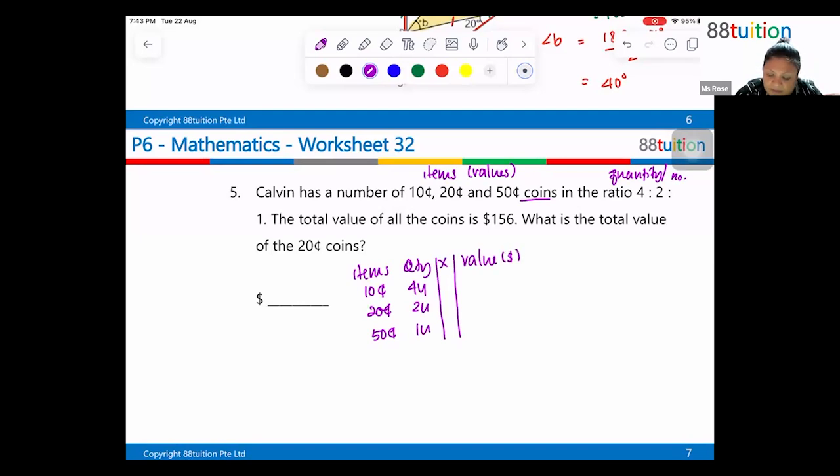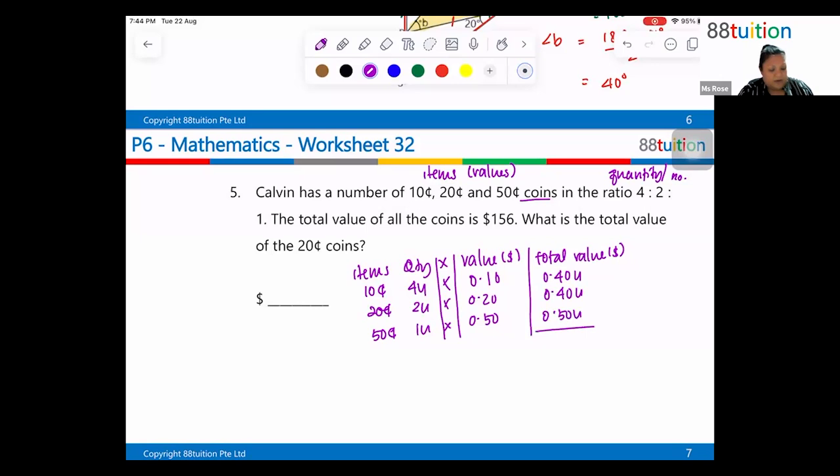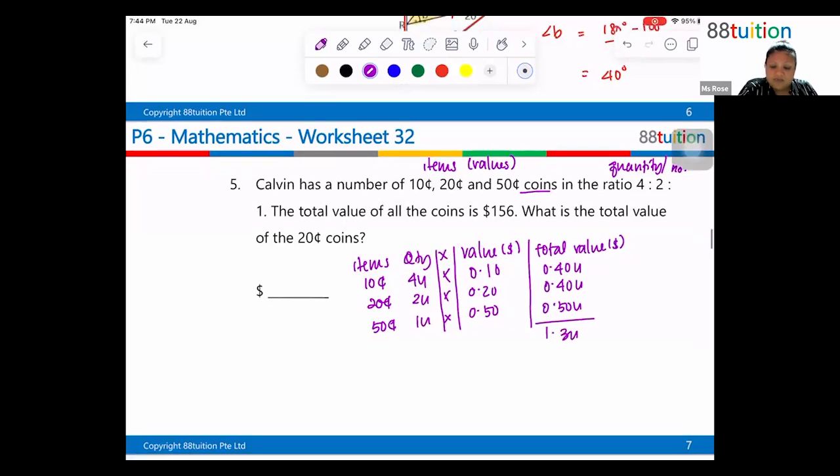Sure, Wilma, go ahead. So I multiply by 10 cents, 20 cents, and 50 cents. Total value will be 0.40, 0.40, and 0.50, to give me a total of 1.3 units. What does this refer to?